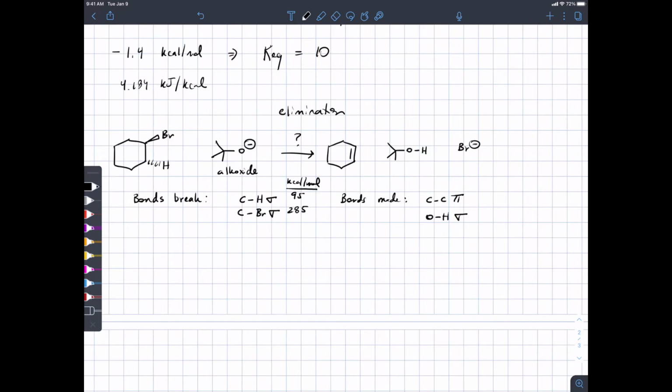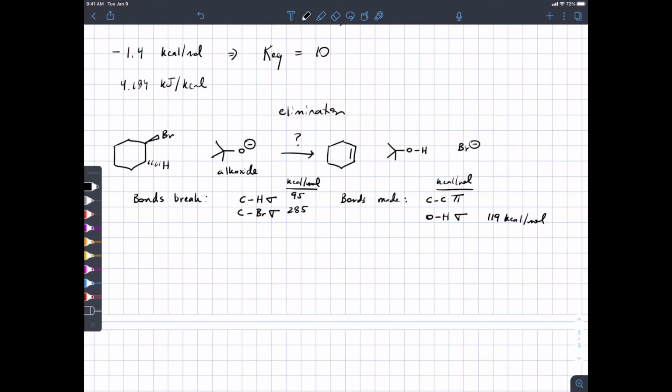An oxygen-hydrogen bond should be worth 119 kilocalories per mole. And then the carbon pi bond, I'm going to make up a number which is close to right because it's not in the table that I'm looking at.